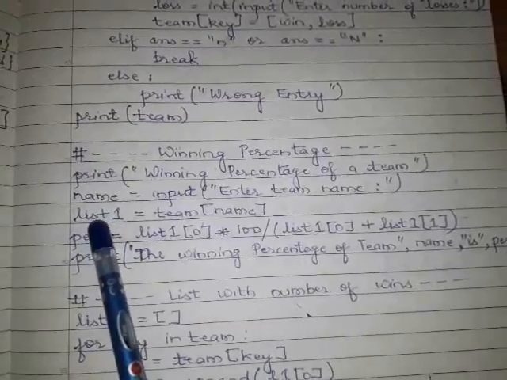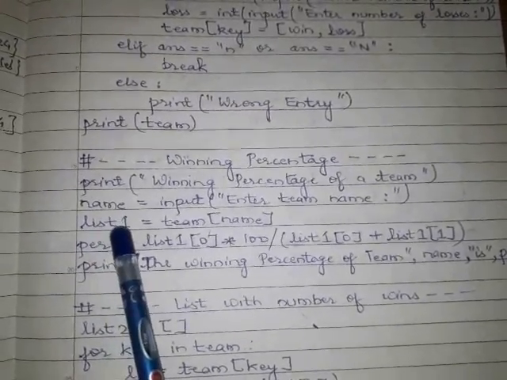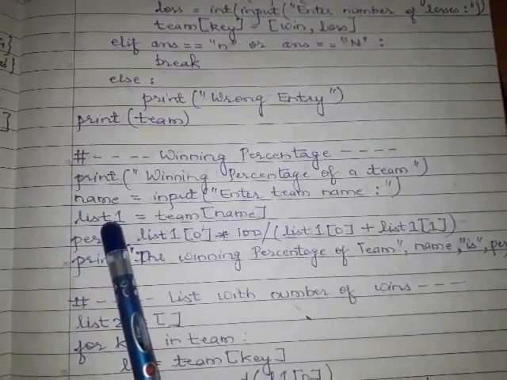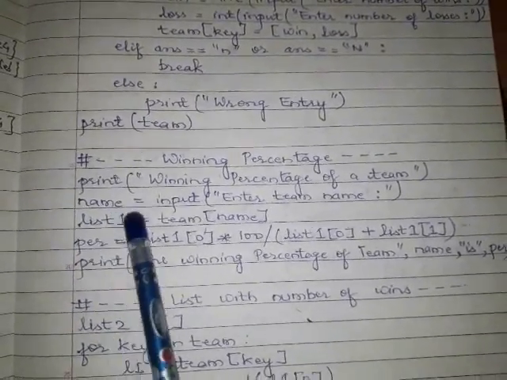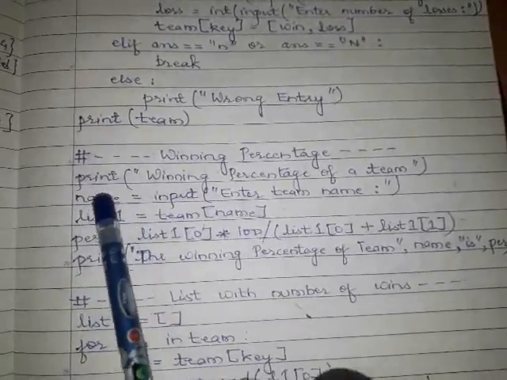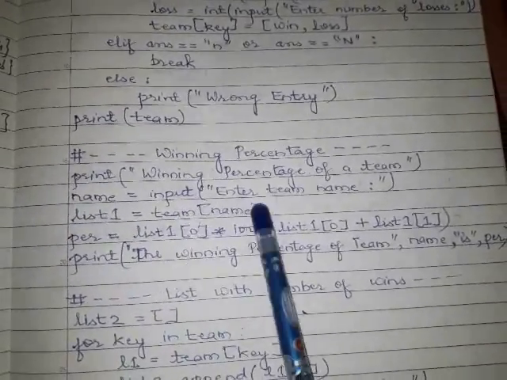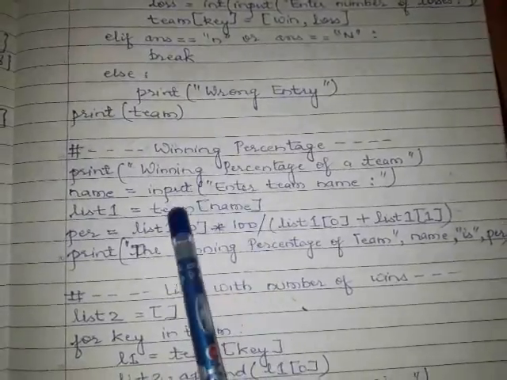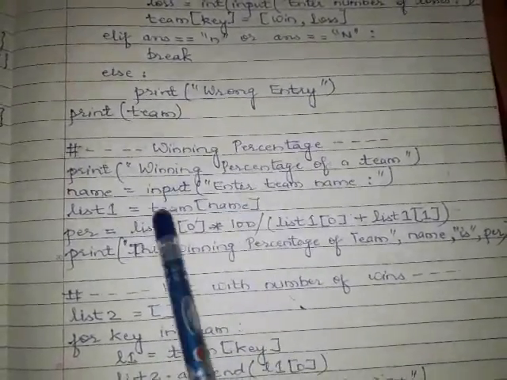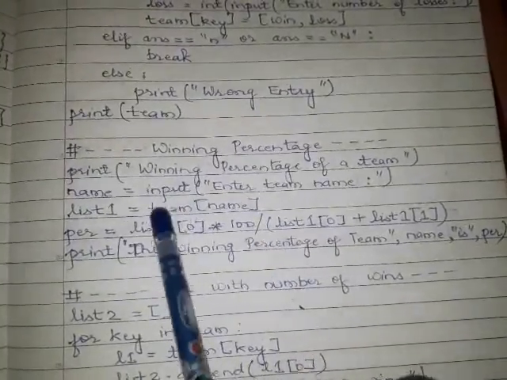This list has indexes, index 0 as well as index 1. Index 0 is the win and index 1 is the loss, because this will store the values of this particular dictionary in the form of a list by this statement: team name, team key. The key is the team name, so it will give the value of that particular team.